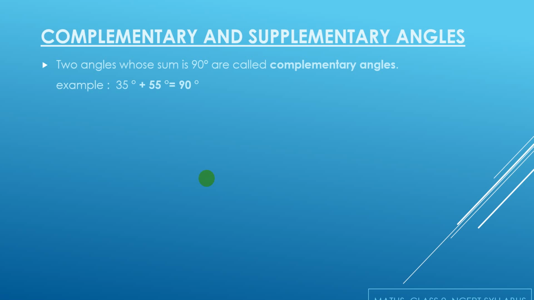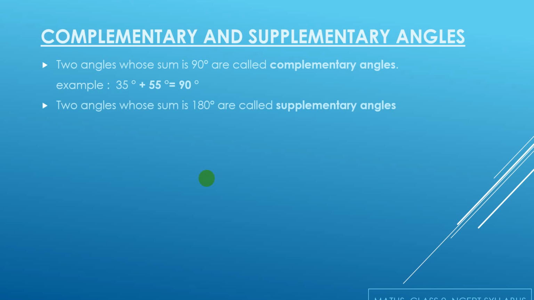So I can say that if I have been given a single angle and I have been asked about the complement of that angle, I can find it by subtracting it from 90 degrees. Now coming to your supplementary angles, the pair of angles in which the sum is 180 degrees. If I add up two angles and the sum comes out to be 180 degrees, they are known as supplementary angles.